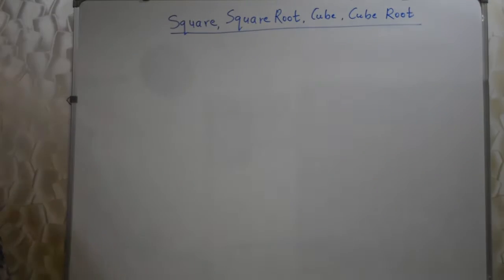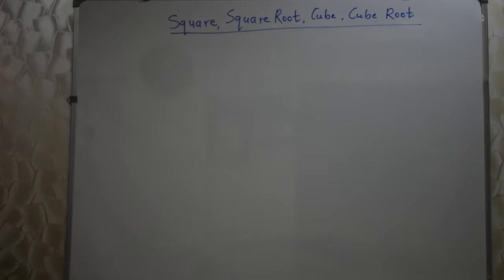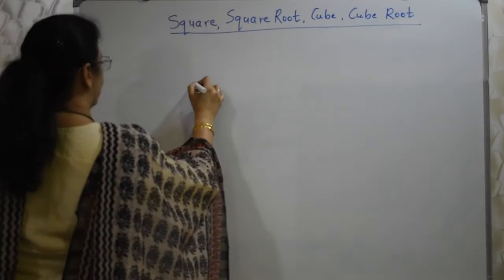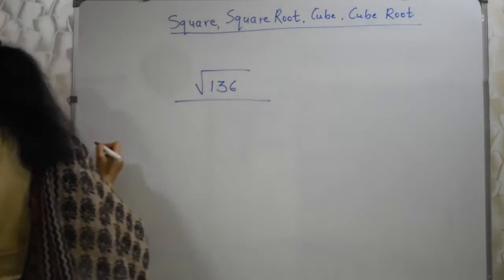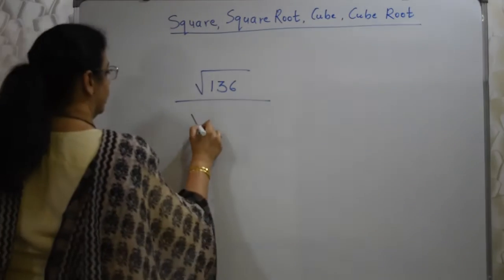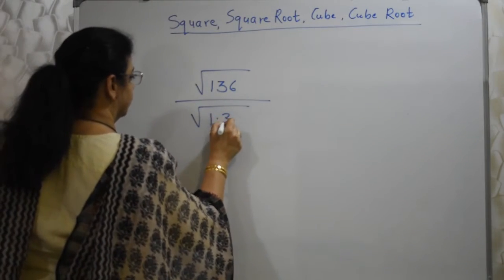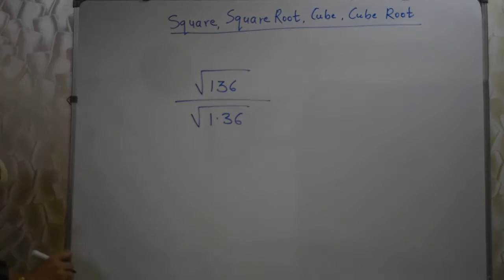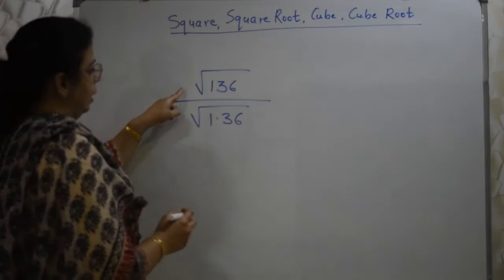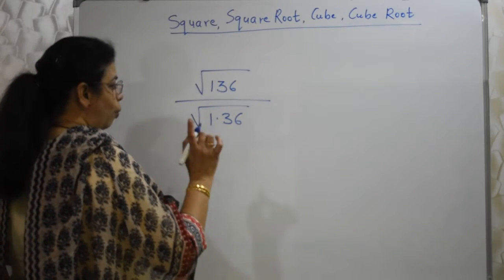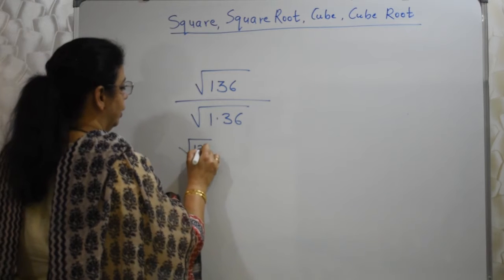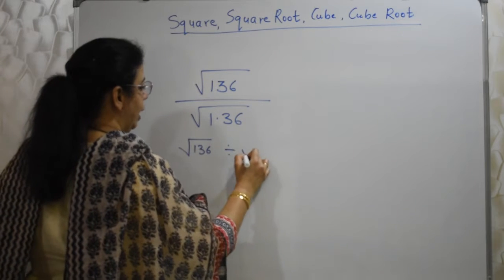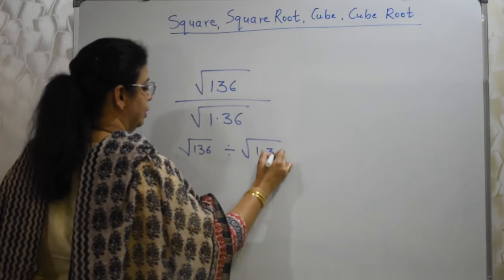See, this particular chapter is very easy to score if your concepts are clear. This is a sum. They are asking us the value of this. Whenever there is division, to avoid confusion, always write like this: root 136 divided by root 1.36.